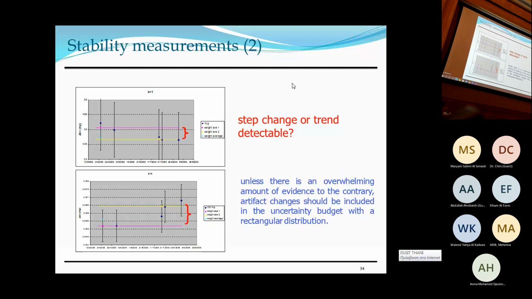It's kind of like a trick question, so you have to think a little bit about it. You also have to know a little bit about mass metrology. So obviously, the way that you're going to analyze this depends on the artifact and the transfer standard also, okay? I won't say anything else. I just want to see what you guys are going to say.